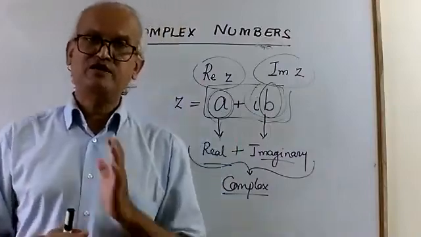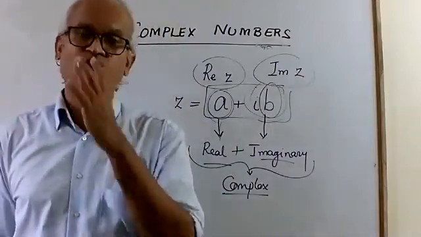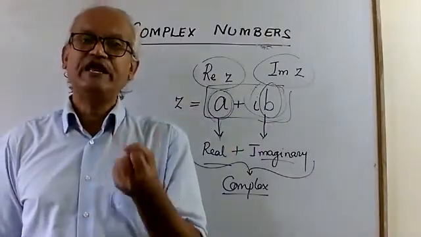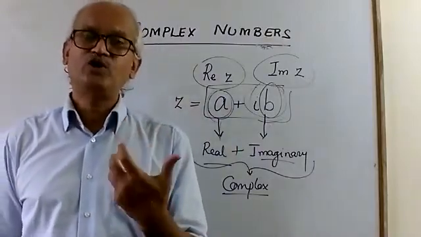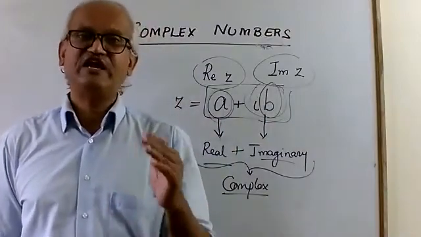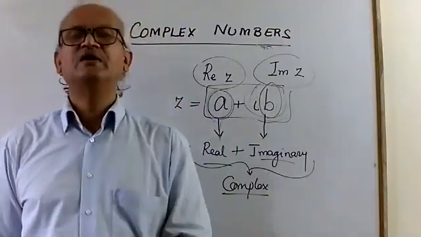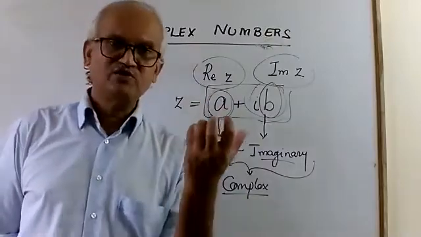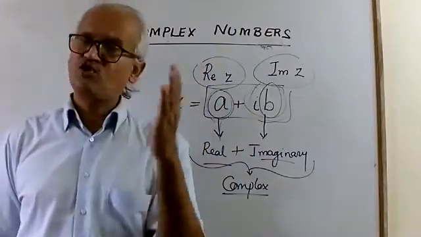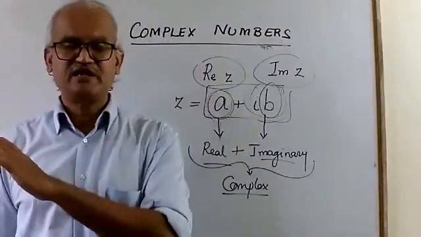So today we have introduced the basic concept of what is an imaginary number, how you need an imaginary number in order to answer certain questions, such as finding roots of negative numbers, and we introduced what is called a complex number, which is a combination of a real component and an imaginary component.